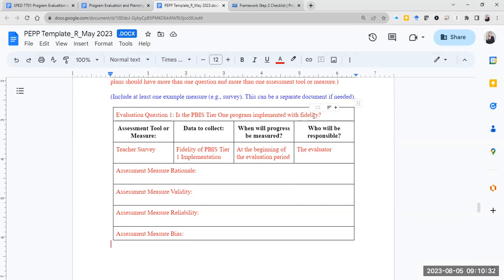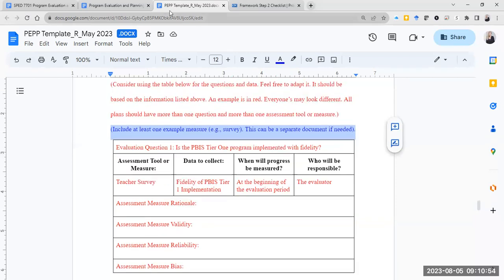You should definitely have more than one tool or measure. And I'd love for you to also attach, it says it right here, one of your measures, whether it's a measure you created yourself or a measure you found in the research literature or on a website. Okay, so that is part 4.